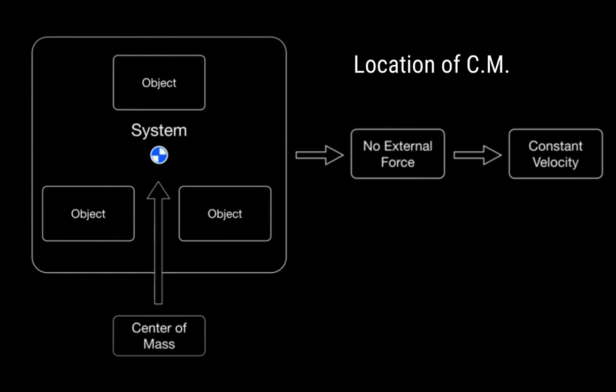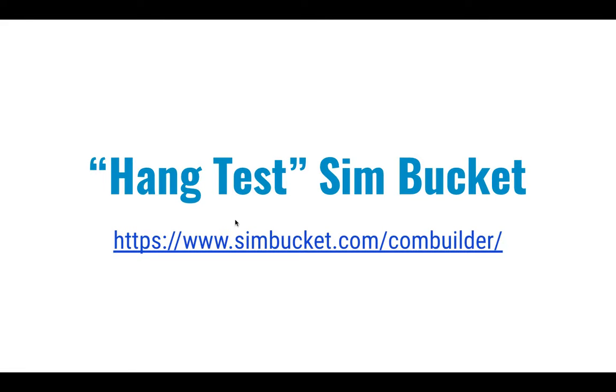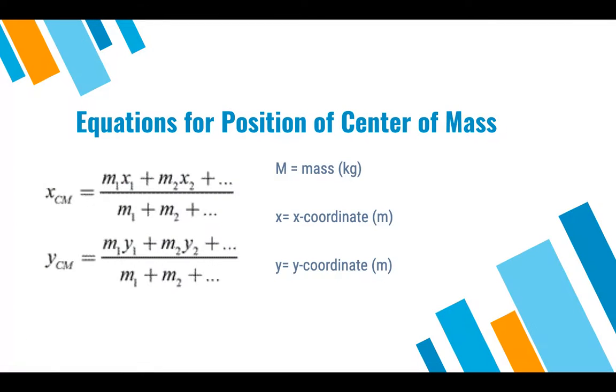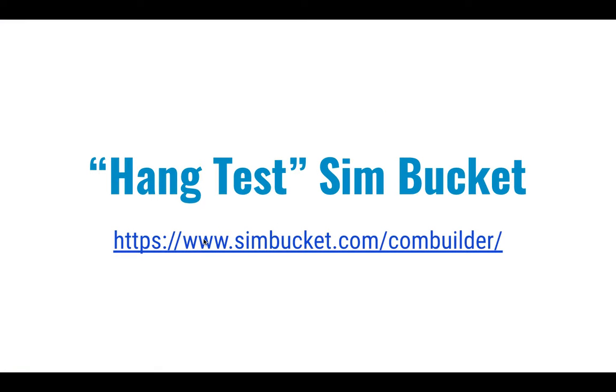To get some intuition about where center of mass is located, you can click on this link in the PowerPoint that's posted in Classroom. It's called the hang test. It's basically a builder. It helps us find the center of mass of a system.